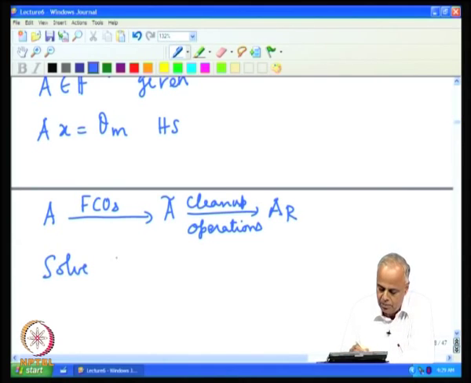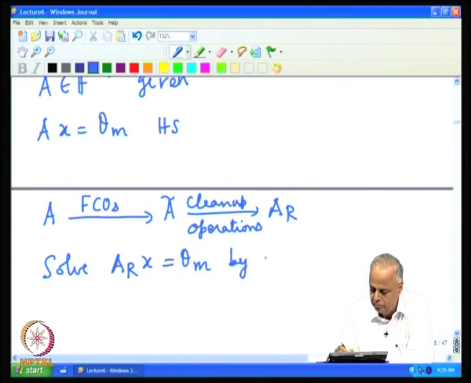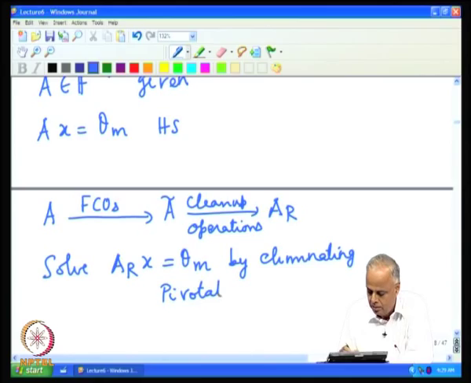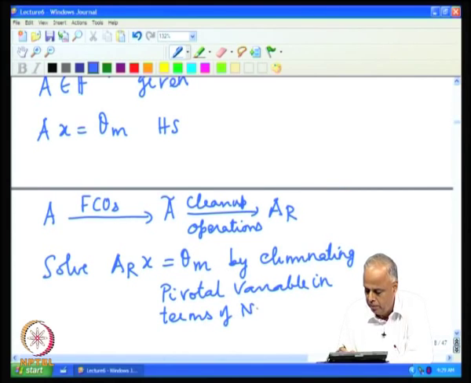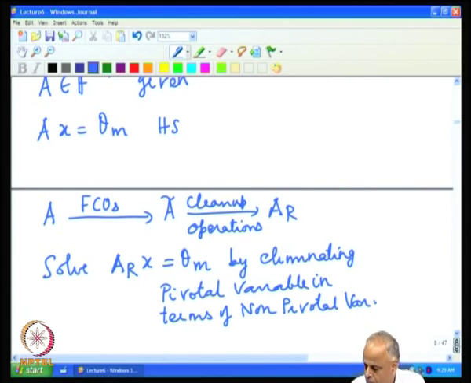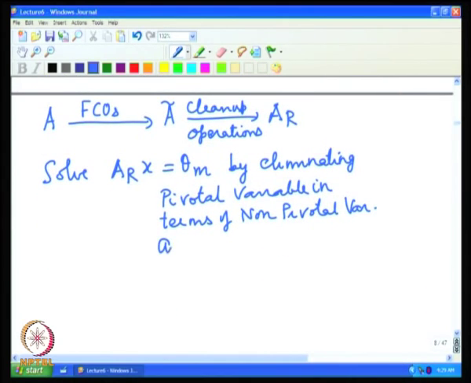Solve A_R x equal to theta m by eliminating pivotal variables in terms of non-pivotal variables and choosing non-pivotal variables arbitrarily.